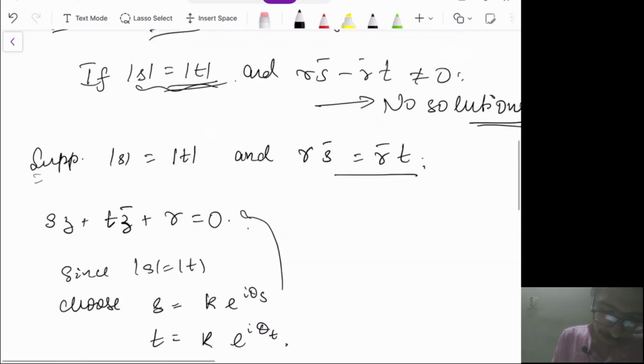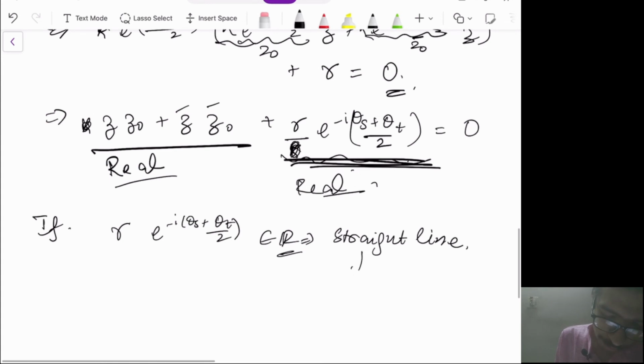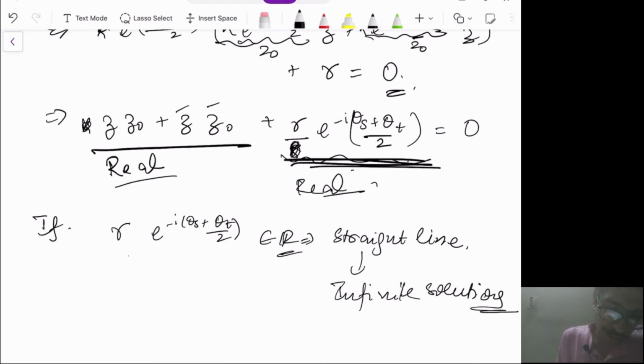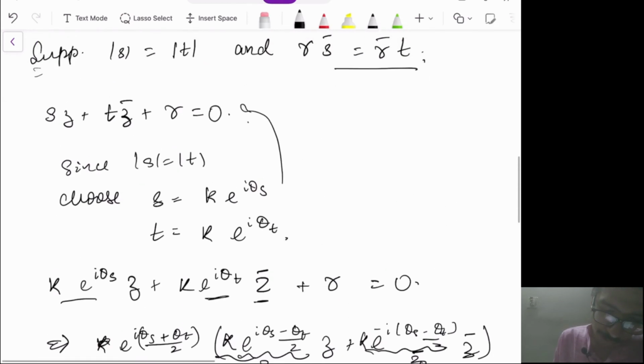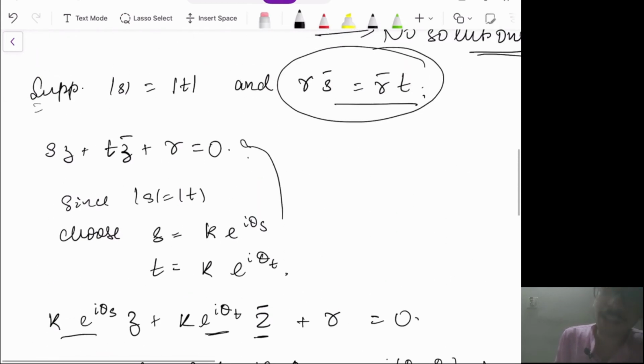So essentially, if this is a straight line, then we are going to have infinite solutions. You can also check that this condition is equivalent to r s-bar equals r-bar t. Just verify whether they are equivalent or not. This is a homework I'm leaving for you.